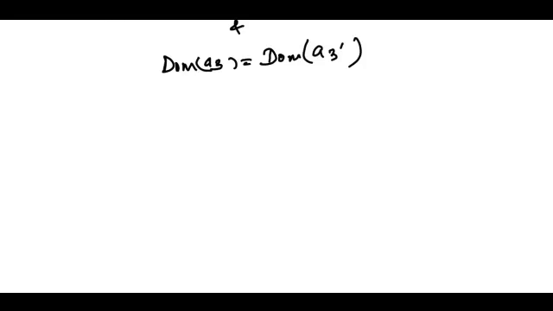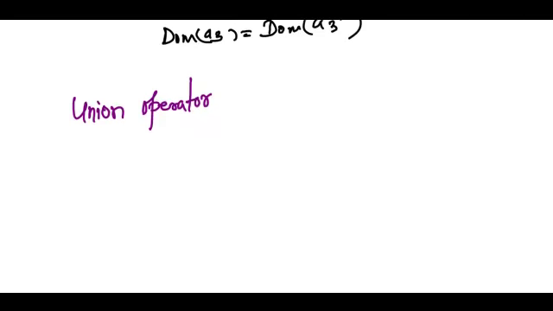The first operator that we have is the union operator. Okay, let's suppose we have two tables. First table is project manager and the second table is engineer.